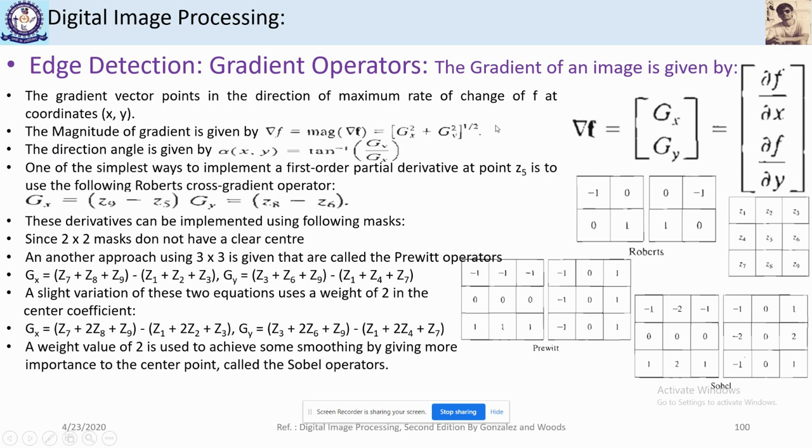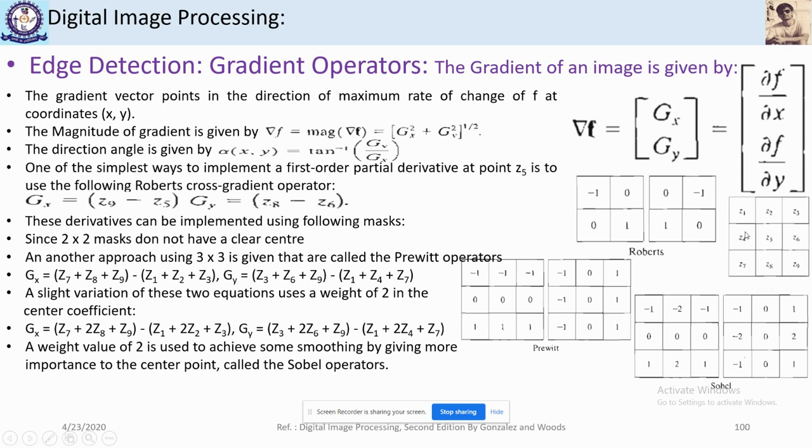Now, to compute these gradients, the simplest method is given by Roberts, the Roberts cross gradient operators. Suppose we have this 3 cross 3 pixel group, or sub image.